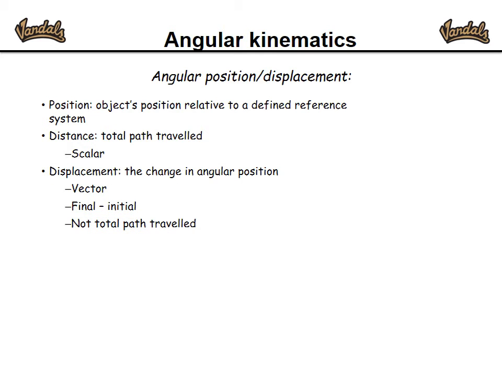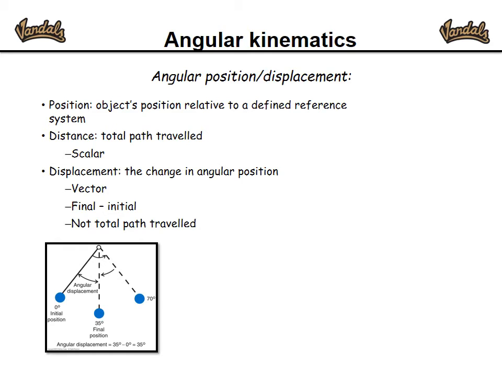Well, what does that look like? If we go back and look at the very traditional pendulum concept, I put on this graph A, B, and C. From A to B, the pendulum goes in a counterclockwise motion 70 degrees.